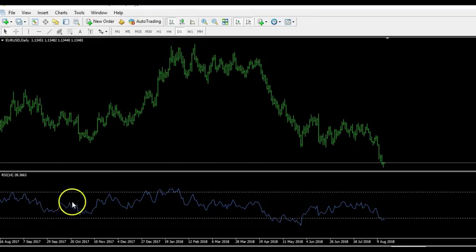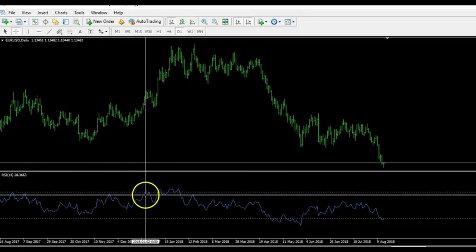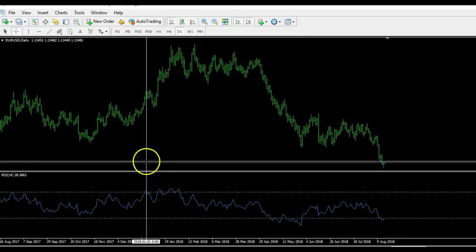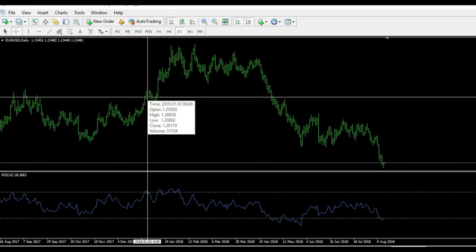Now, it didn't give you any signals for a while, and then finally gave you a little one right there. So let's go ahead and pull up a cursor and see how well that would have done. Now, it wants you to go short right here on this candle here. Now, very next candle shot up about 70 pips.